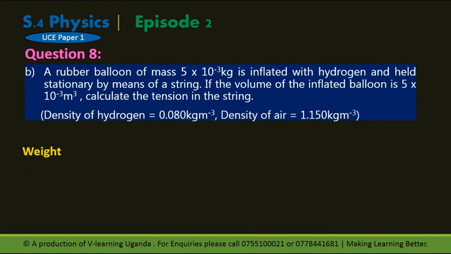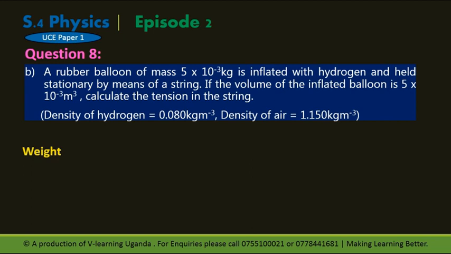We need actually the total weight of this balloon, but the total weight of the balloon will include the weight of the fabric and also the content in the balloon, which is the hydrogen. And weight is a result of mass. We get mass and multiply it by g, acceleration due to gravity.